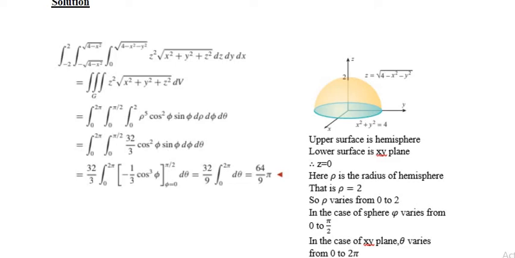That is, integral minus 2 to 2, integral minus root of 4 minus x square to root of 4 minus x square, integral 0 to root of 4 minus x square minus y square, z square root of x square plus y square plus z square into dz dy dx. So we have to convert this into the spherical coordinates there.